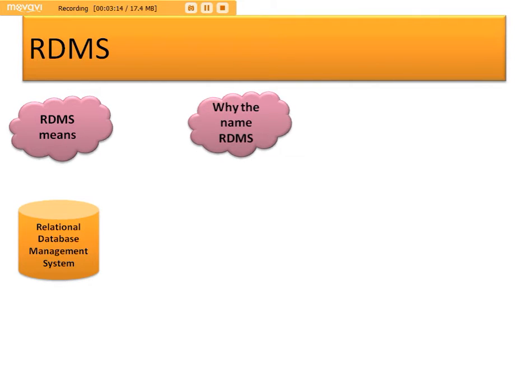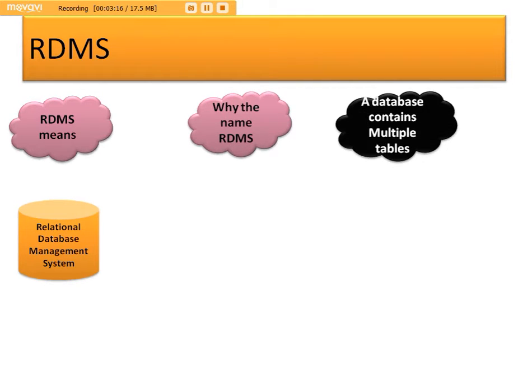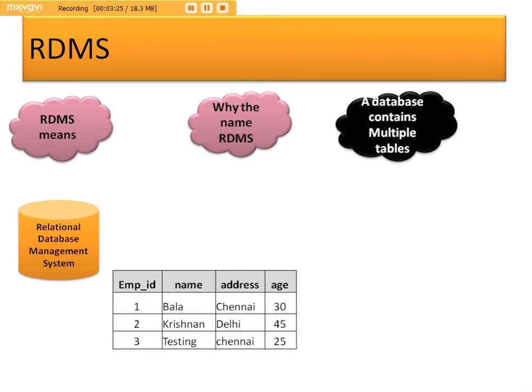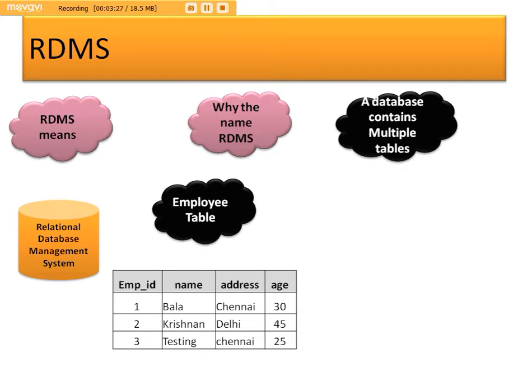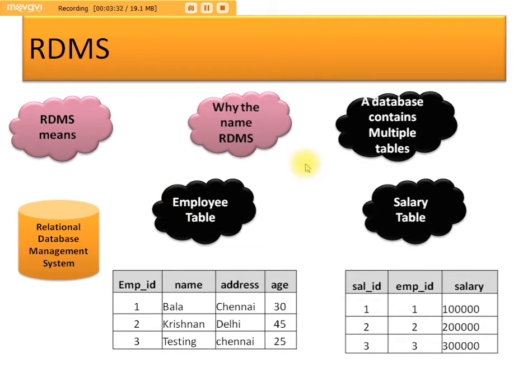What does RDBMS mean? RDBMS means Relational Database Management System. How does it differ from a normal database? Commonly, when you take a database, it may contain multiple tables. For example, in our case, we can take a table called employee and one more table called salary table. Between these two tables there should be some link.